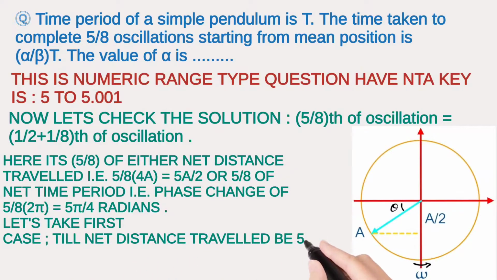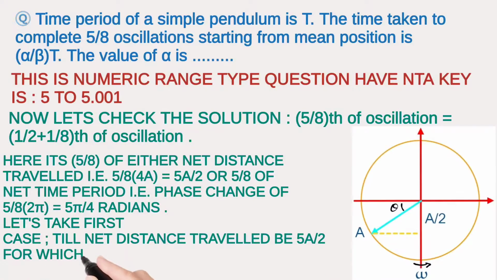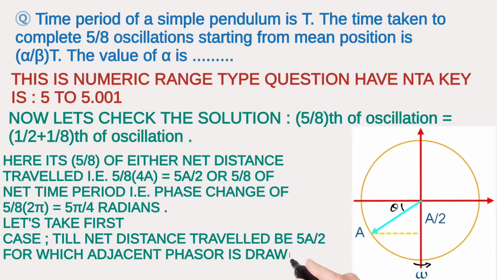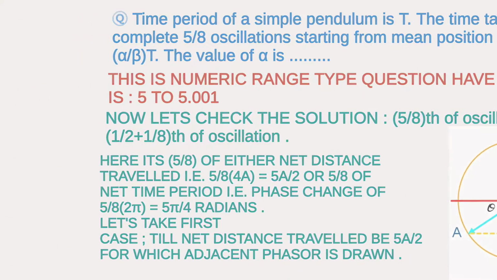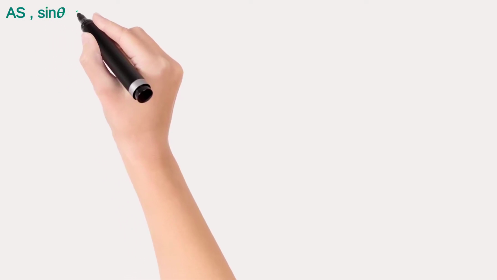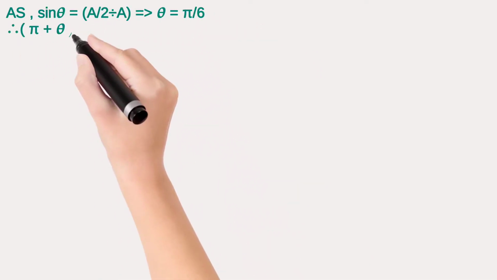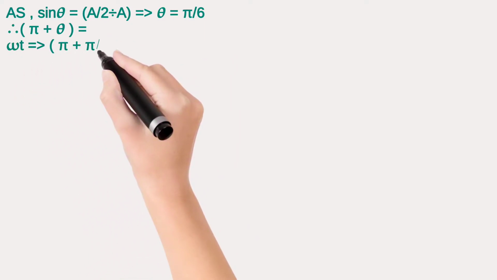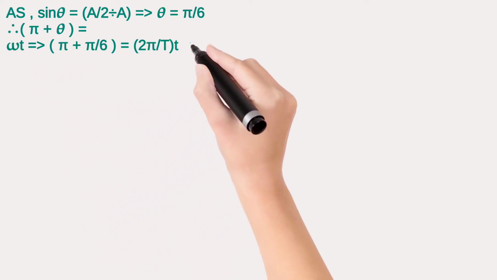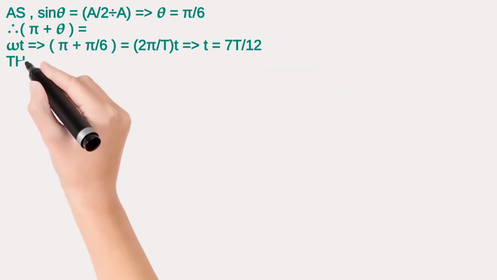Let's take the first case. Let the net distance traveled be 5a/2, for which the adjacent phasor is drawn. Now here, what is angle theta? We can see in the right angle triangle of the phasor, sin theta is perpendicular a/2 by hypotenuse, which is amplitude. It implies theta is equal to pi/6.